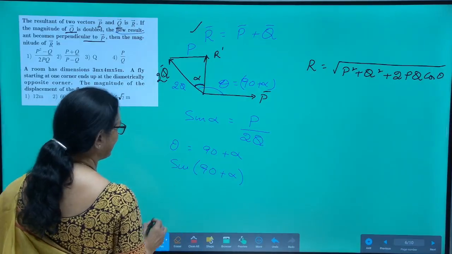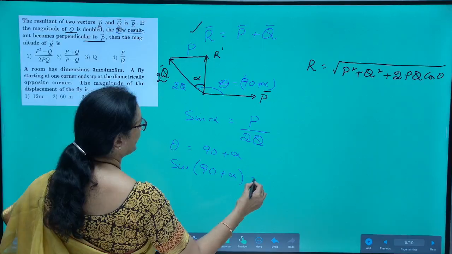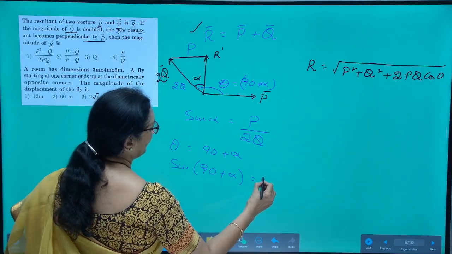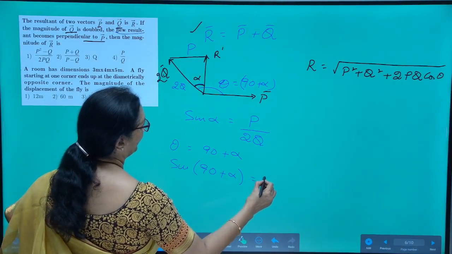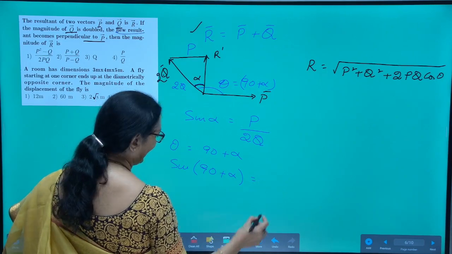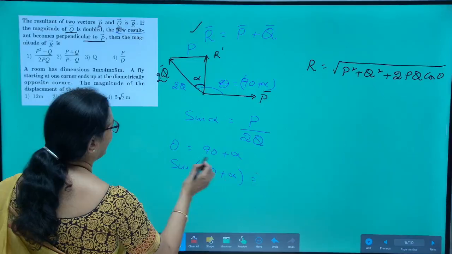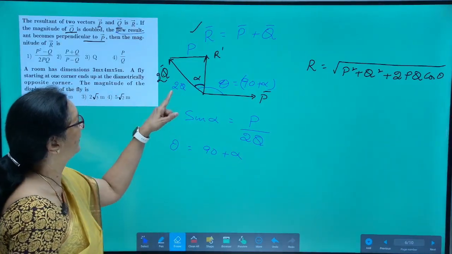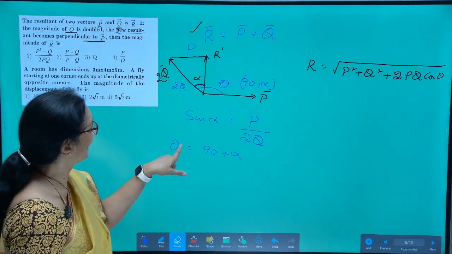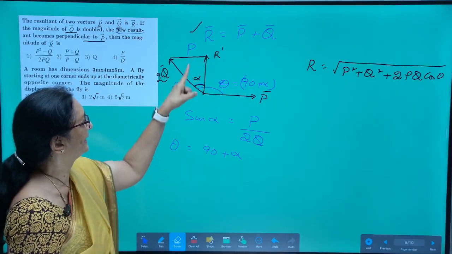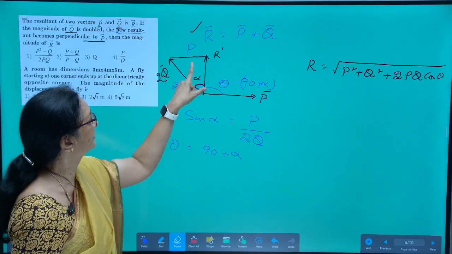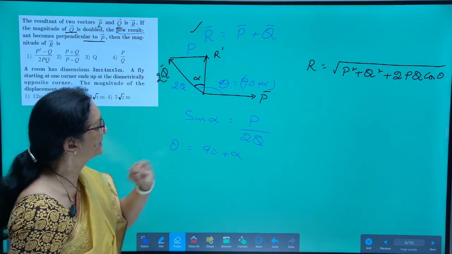Look here, I am repeating this. Sin alpha is the opposite side, which is p, over the hypotenuse, which is 2q.